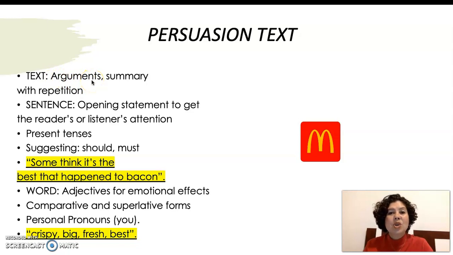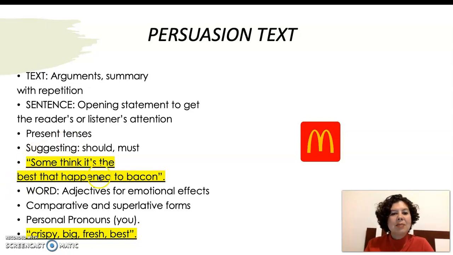The argument is also the price because they mention a good price for the combo. And then at a sentence level, they showed us an opening statement to get our attention, and then we found some present tenses, and some imperative forms that are typical from commercials, like enjoy, enjoy the hamburger.